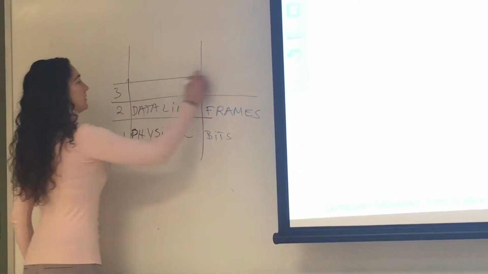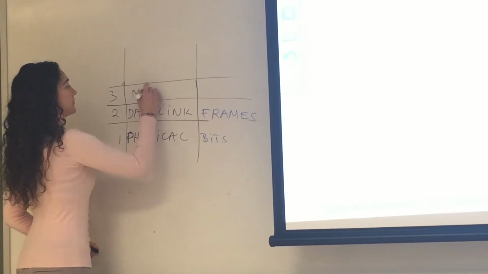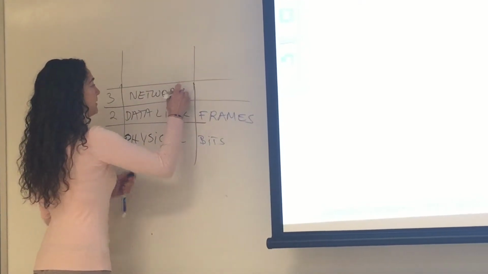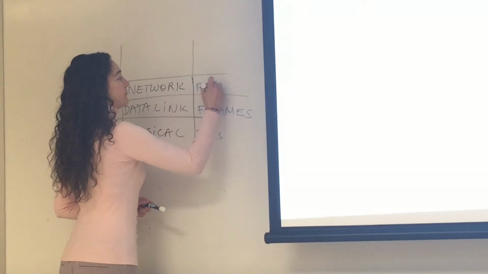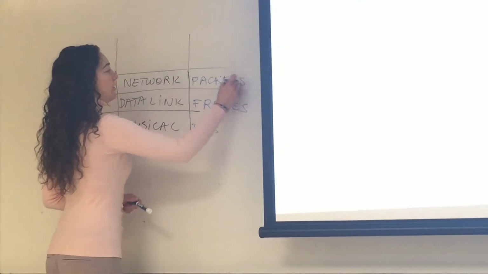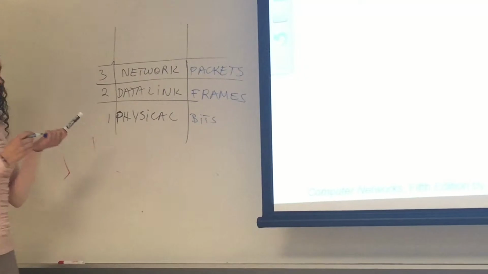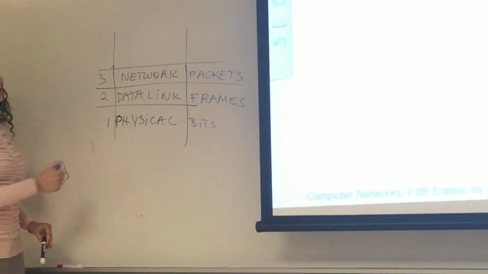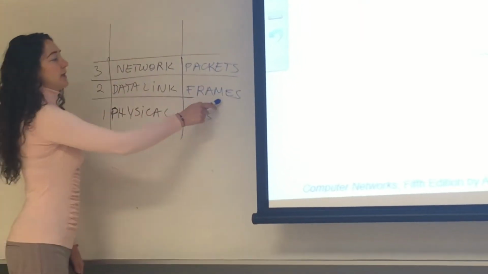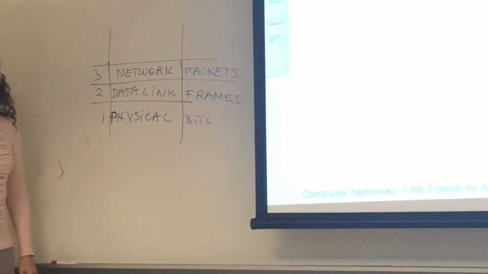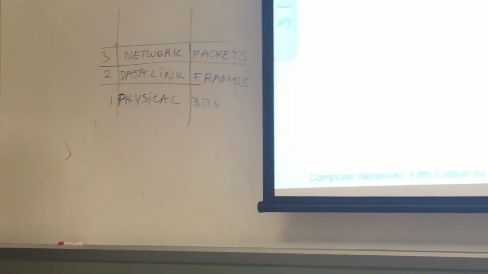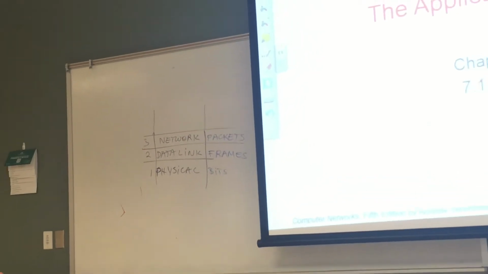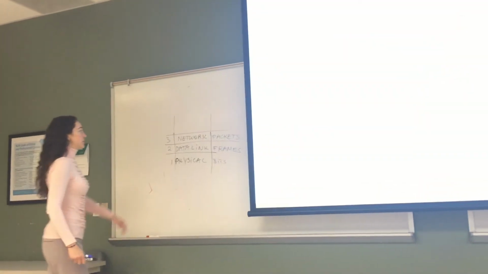The third layer was the network layer. In the network layer we created packets. The data link layer allowed us to connect two machines directly together and exchange data in the form of frames, using 48-bit addresses hard-coded into the network interface cards, the MAC addresses.